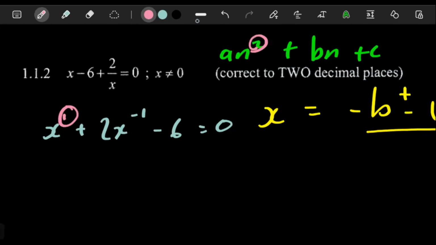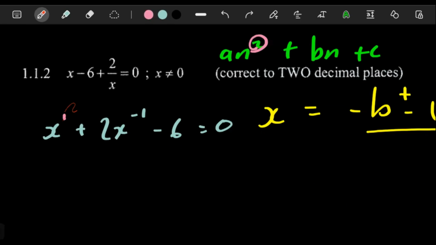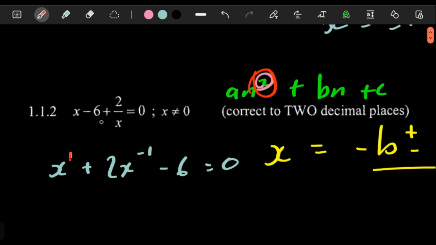I'll repeat. You want to think of a number such that if you multiply it by 2, it gives you 1. The only number that you will multiply by 2 to give you a 1 is a half.